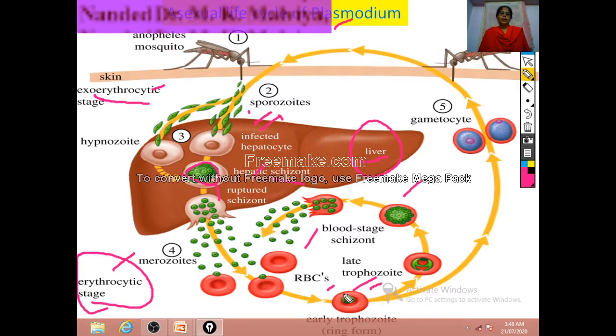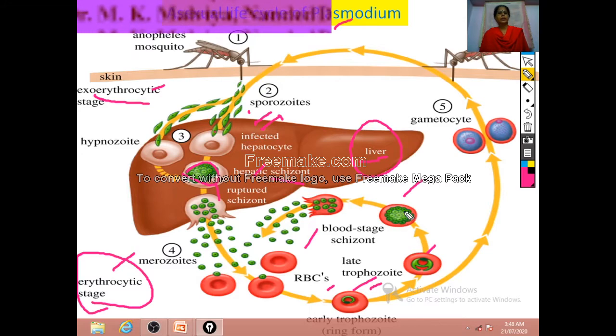Now by getting the protein part, a vacuole appears inside it and the nucleus is pushed towards the periphery, and thus this parasite looks like a ring stage structure, the so-called signet ring stage.